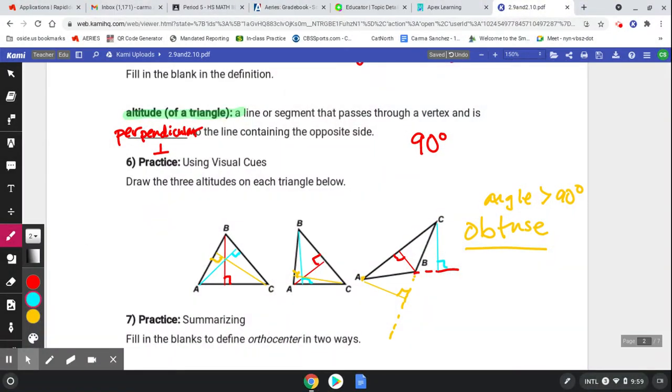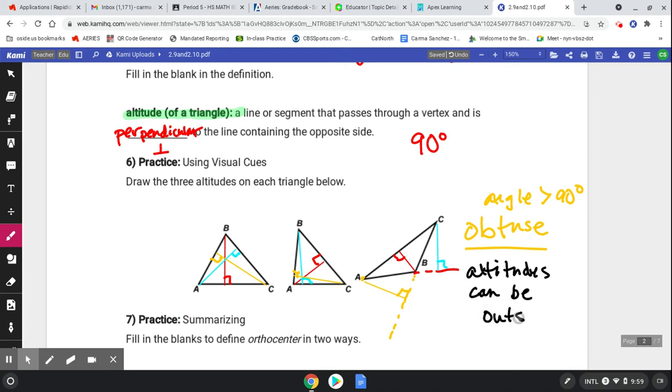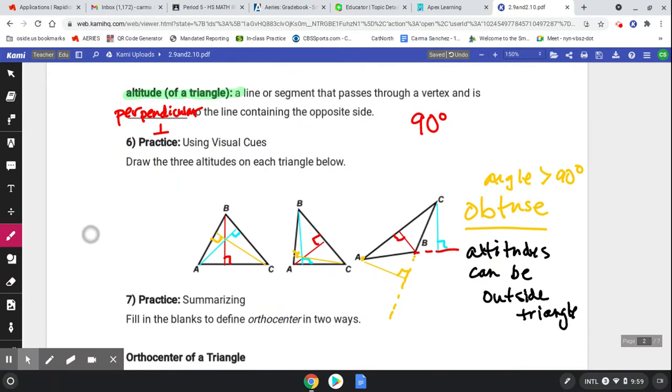So what happens differently on an obtuse is that the altitudes can be outside the triangle, but medians are always inside. Okay, so altitudes can be outside.